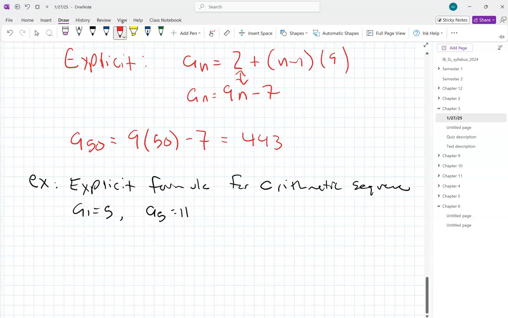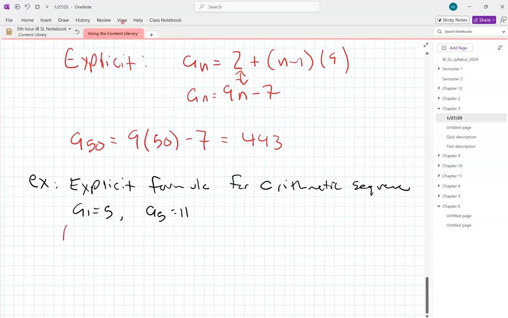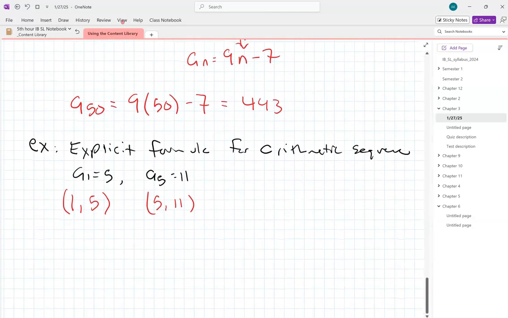This is essentially asking you to do the same thing as write the equation for the line, given the point (1, 5) and the point (5, 11). What do I need to do that? I calculate the slope, or in this case, the common difference.